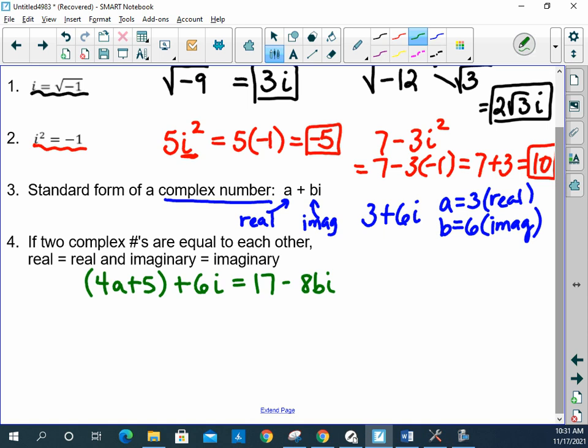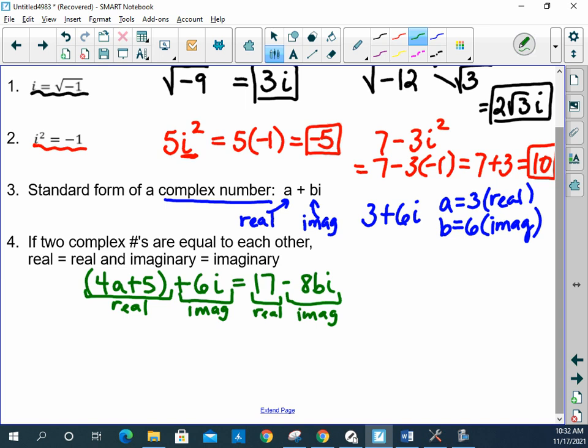On the left-hand side, 4a plus 5 is the real component. 6i is the imaginary component. On the right-hand side of the equation, 17 would be the real component, and negative 8bi is the imaginary component.